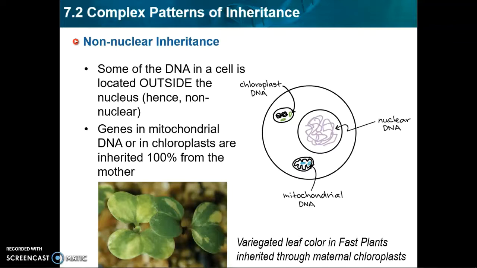The sperm cell does not contribute any mitochondria to that fertilized egg. So anytime we have non-nuclear inheritance, we are looking at examples of the female parent passing down those alleles for those genes, and there's no contribution whatsoever from the male parent.